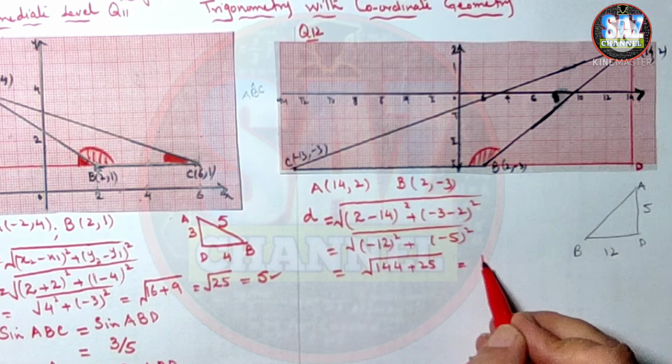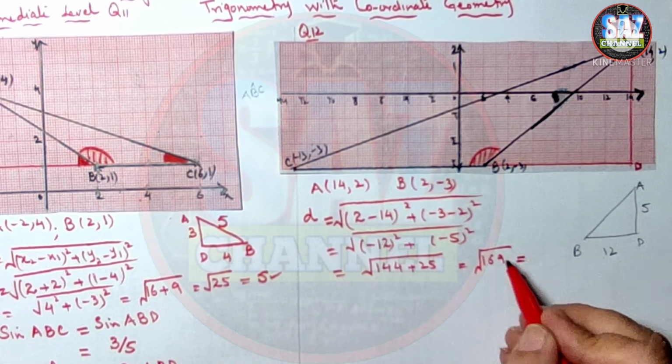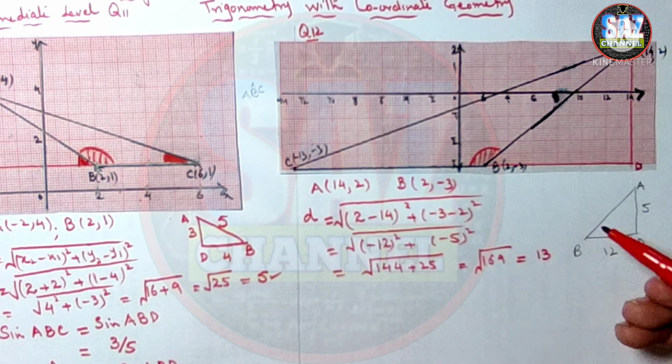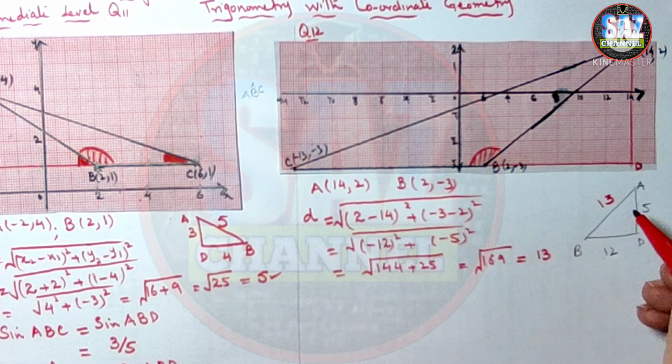And we know the number whose square is 169 is 13. So it means the hypotenuse, the AB distance, is 13 units.